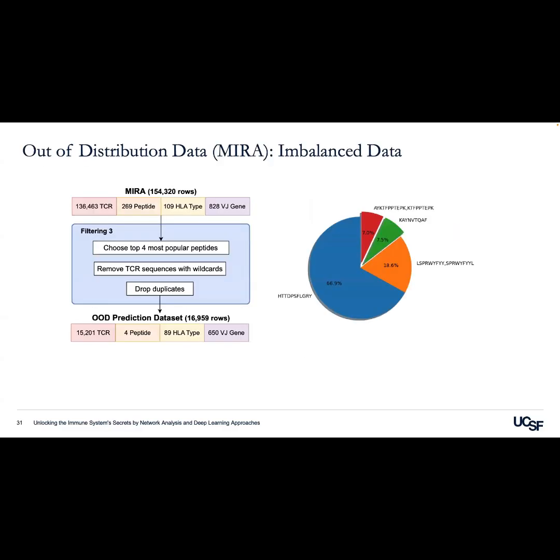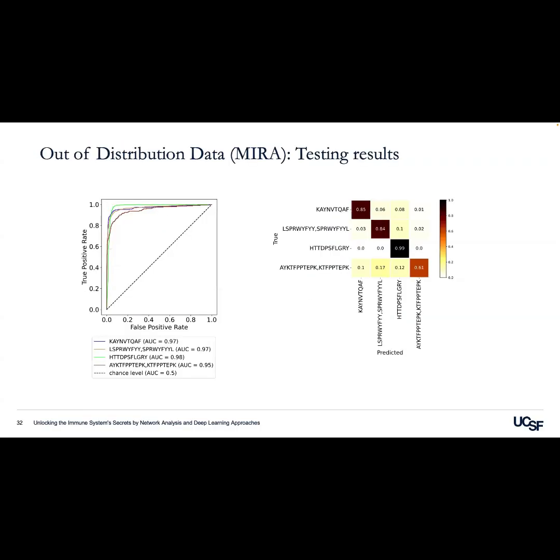And we also want to check on the external data, which is the mirror data itself. It's very imbalanced data. So just quickly, this is the AUC for each of the peptides that we want to predict. Here we use the PR AUC, the precision-recall AUC, instead of the traditional ROC AUC, just because the data is imbalanced.